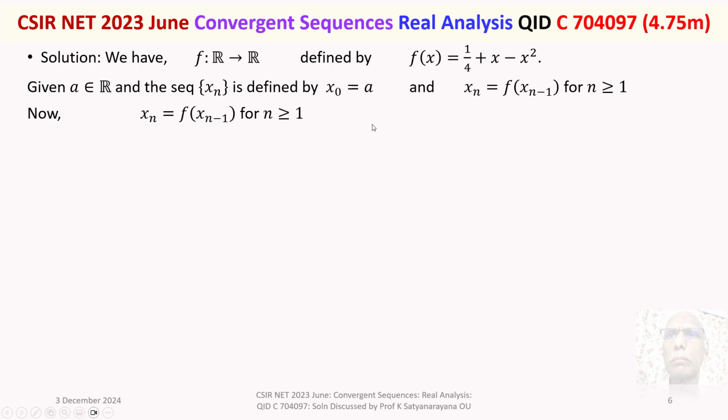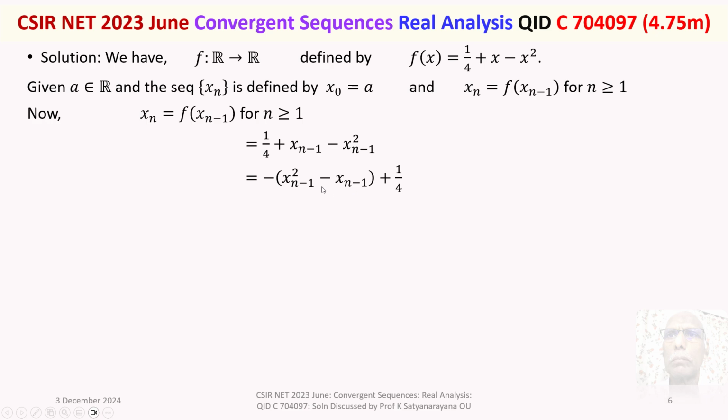Now, xn is equal to f of xn minus 1 for n greater than or equal to 1. Since f of x is 1/4 plus x minus x square, f of xn minus 1 will be equal to 1 by 4 plus xn minus 1 minus xn minus 1 square. Taking a minus common, we write this as minus bracket xn minus 1 square minus xn minus 1 bracket close plus 1 by 4.